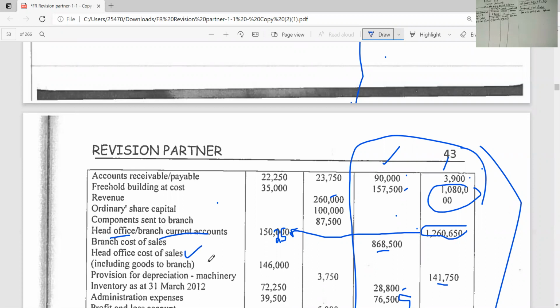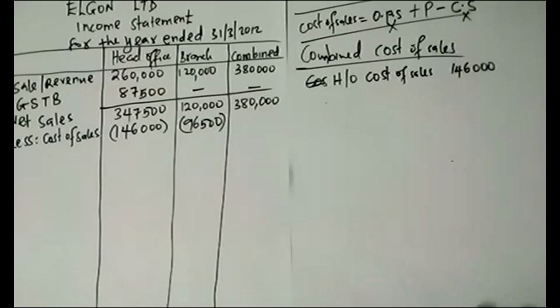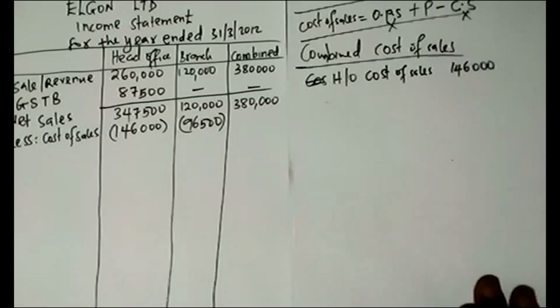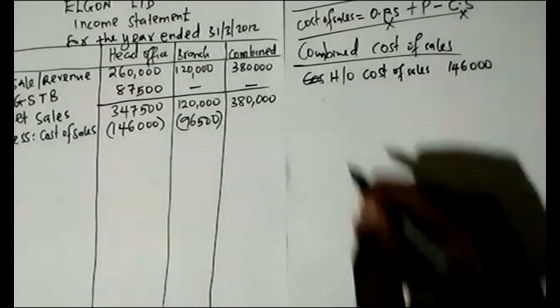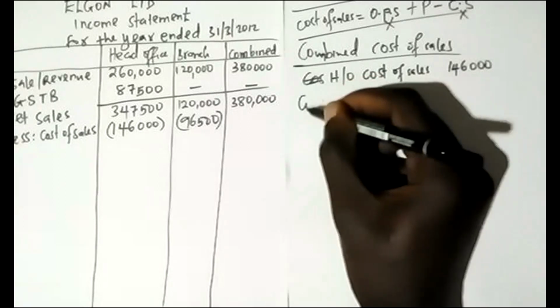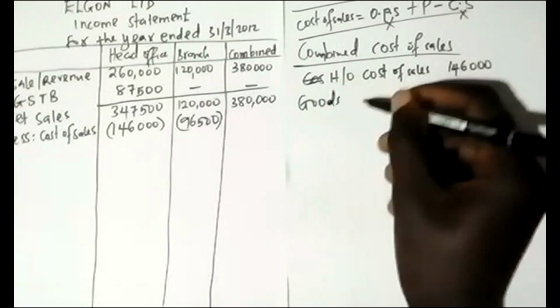So which means that goods sent to branch I have to subtract.